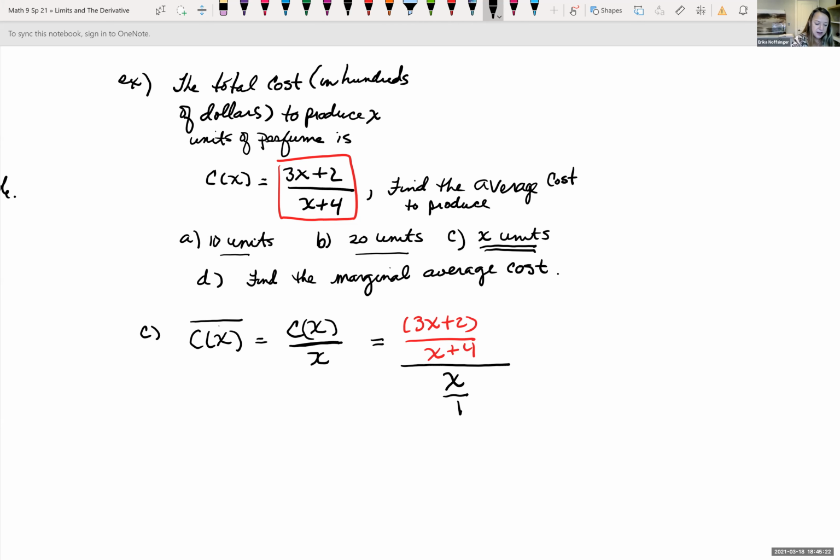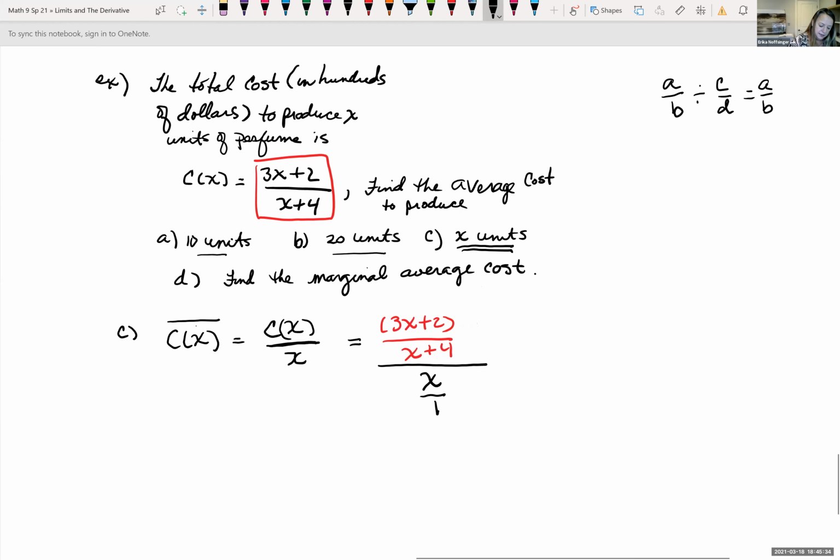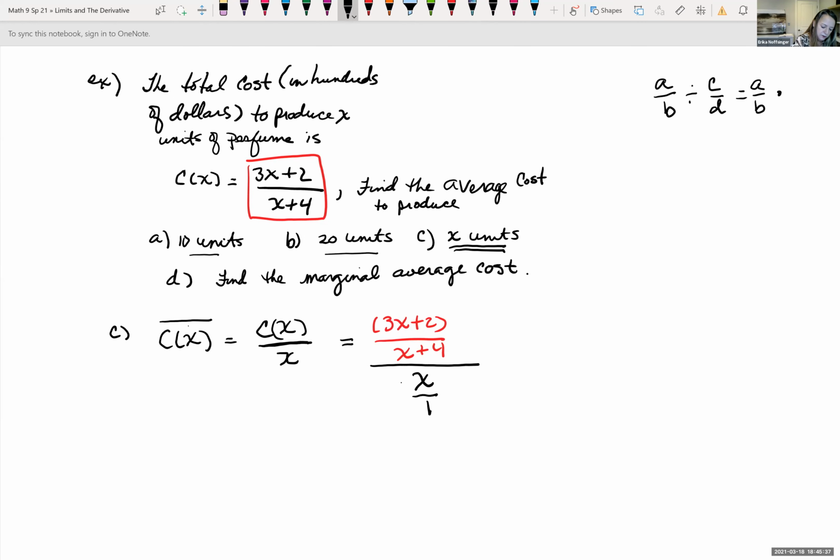Think of this as we have a fraction divided by a fraction. A over B divided by C over D. This is the same thing as taking A over B times the reciprocal, D over C. So the same thing as 3x plus 2 divided by x plus 4, divided by x over 1.